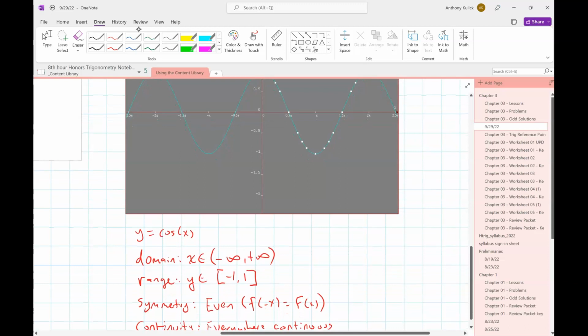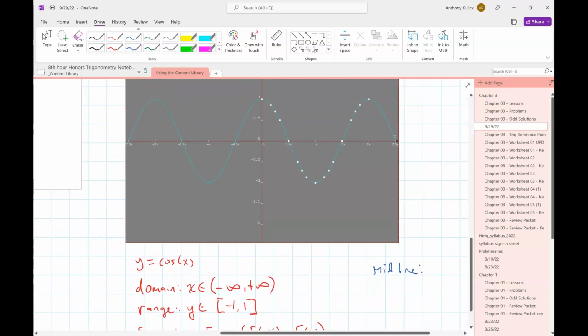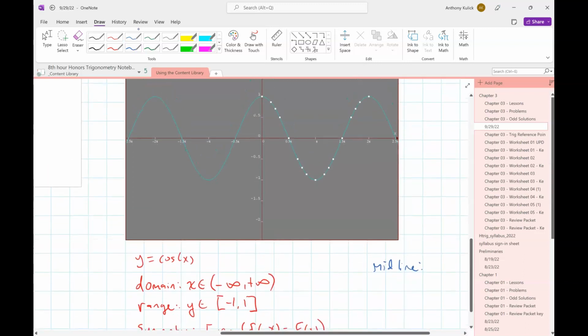All right. Let's talk about those three attributes or descriptors about our graph. What's the midline going to be here? Still y equals 0. Just as an aside here, if you write 0 for the midline, is that okay? No, Mr. Kulik would mark that wrong.